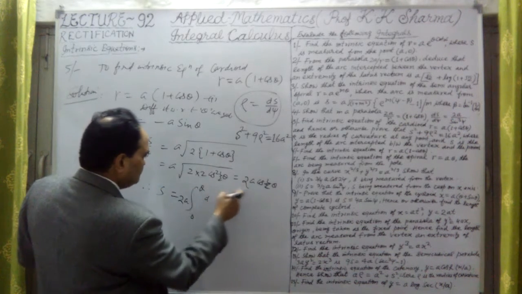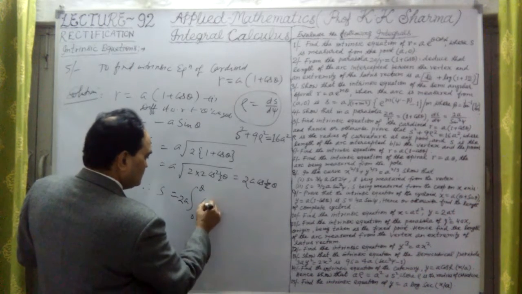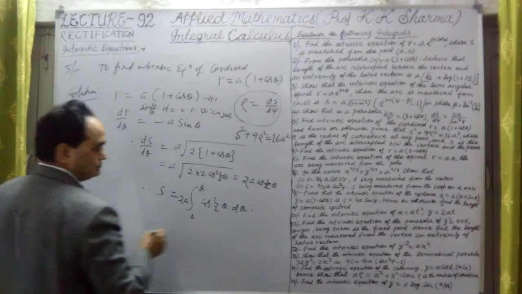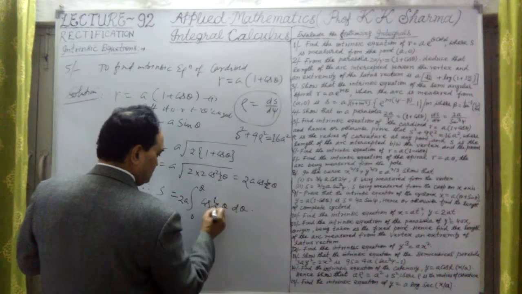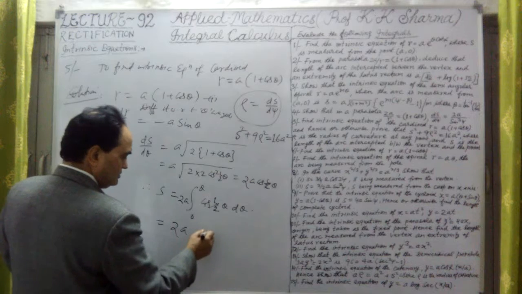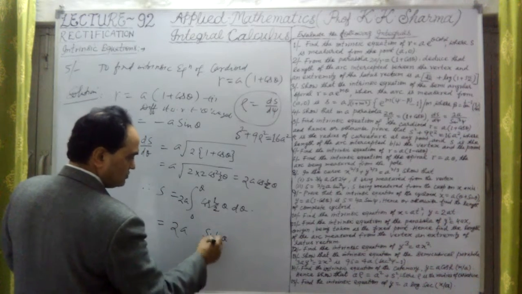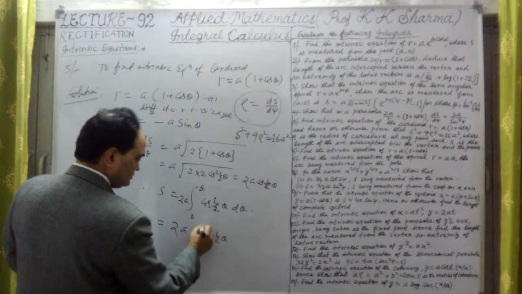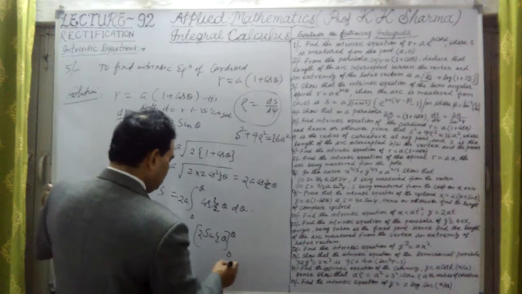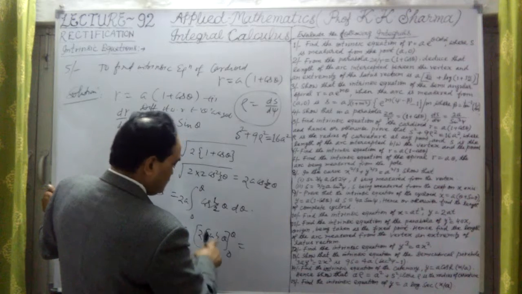Ds d theta is this value, so it is cos half theta into d theta. It gives us twice a into sine of half theta upon half, that means twice, from 0 to theta.